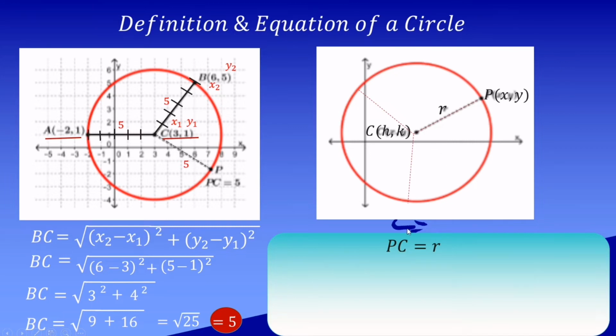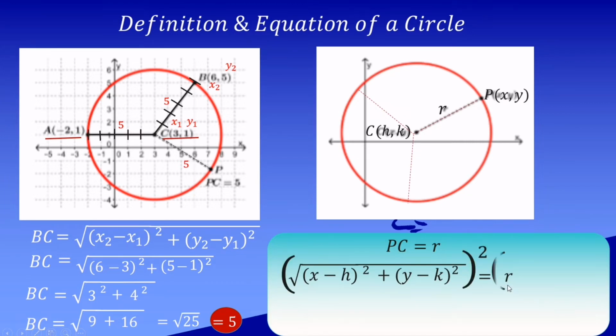Then to find the distance PC, since this is diagonal, we can use the distance formula. Yan ang ating distance formula equal to r, para ma-derive natin ang equation of a circle. Then squaring both sides, cancel the square roots, then we get (x minus h) squared plus (y minus k) squared is equal to r squared.